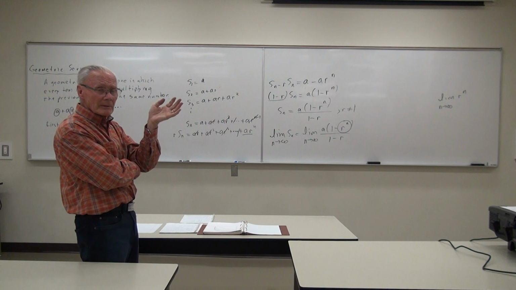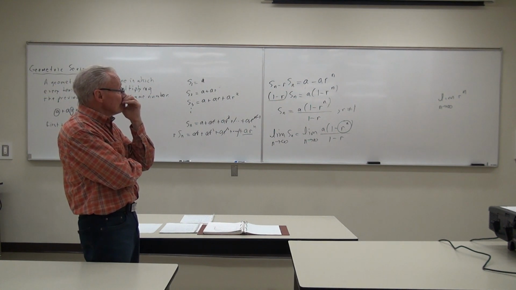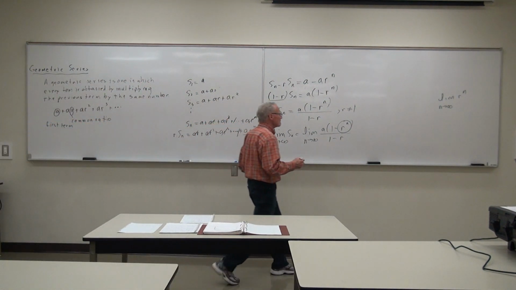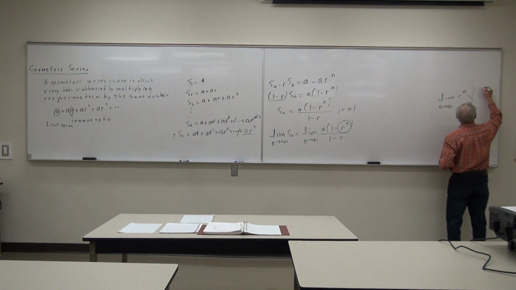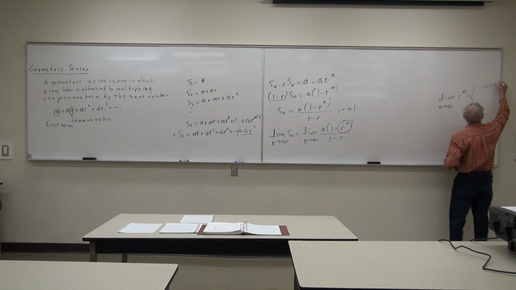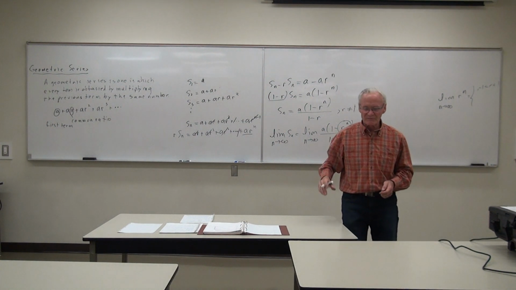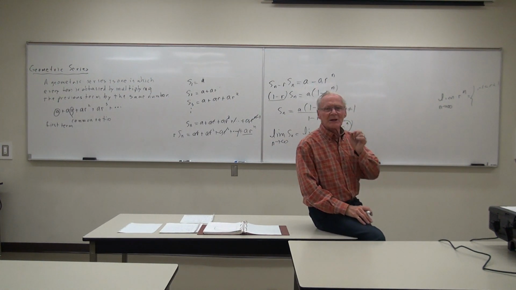It depends upon R. Would you agree with me that if minus 1 is less than R is less than 1, put a number in there between minus 1 and 1, a half to the n, and then n gets huge.